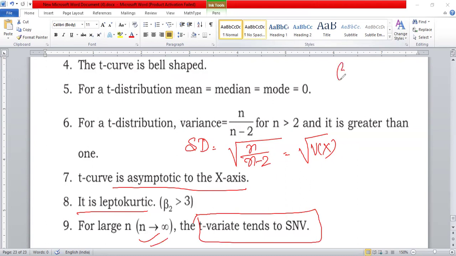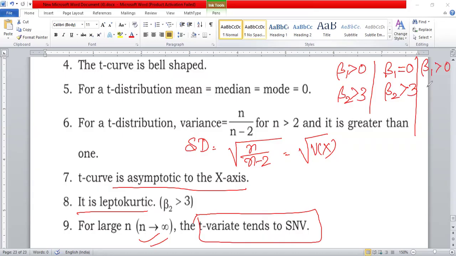So remember, for chi-square, beta 1 is greater than 0 and beta 2 is greater than 3. For Student-t, beta 1 is equal to 0 and beta 2 is greater than 3. And for the Poisson distribution, beta 1 is greater than 0 and beta 2 is greater than 3. Remember, the beta 1 and beta 2 values are also very, very important.